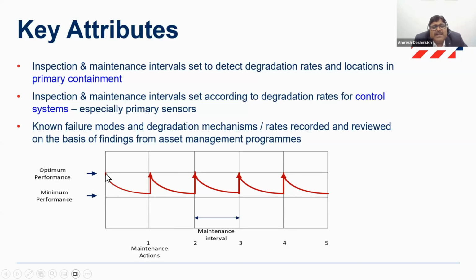This is pretty linear, it's predefined. And when I do my preventive maintenance, it again goes back to normal, and this keeps on happening. I'm just giving this as a 5-year interval period. Assume that it's a 5-year interval period, and our assumption is theoretically this is how every system should perform.